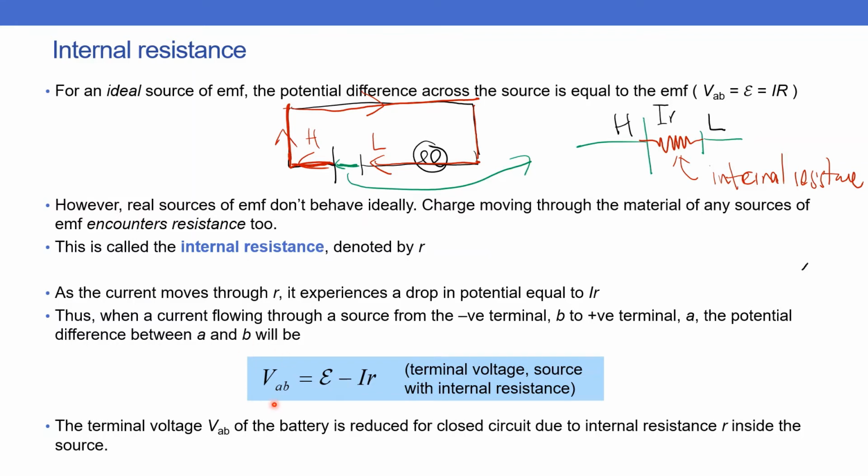So, okay, let's talk about this one. This EMF is actually what the battery will provide. For example, if you have a double A battery, the EMF will be 1.5 volts, because that is a typical voltage for a double A battery.